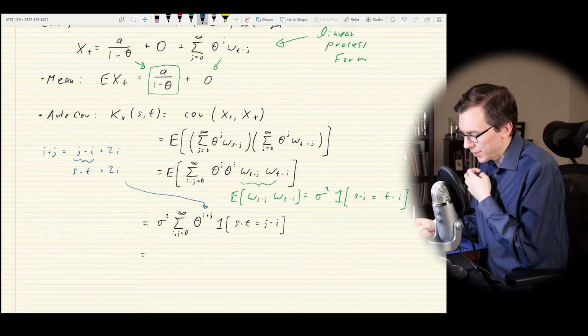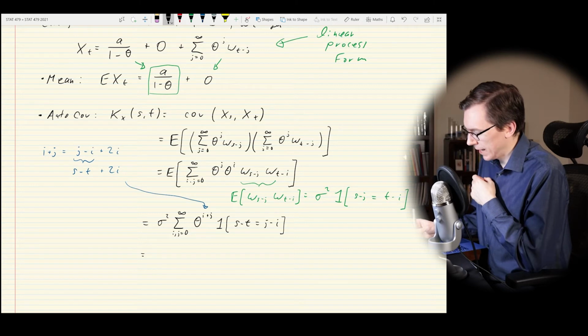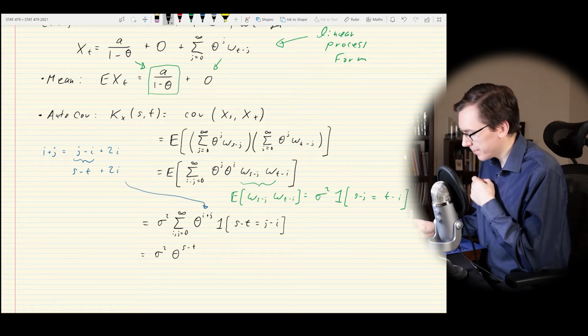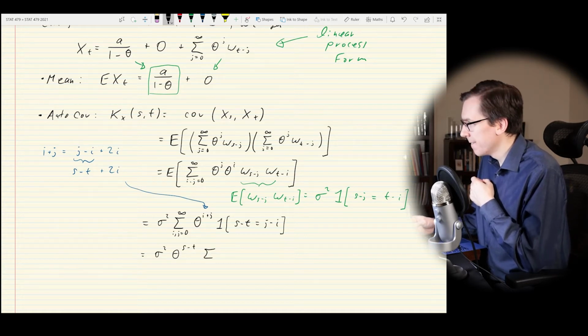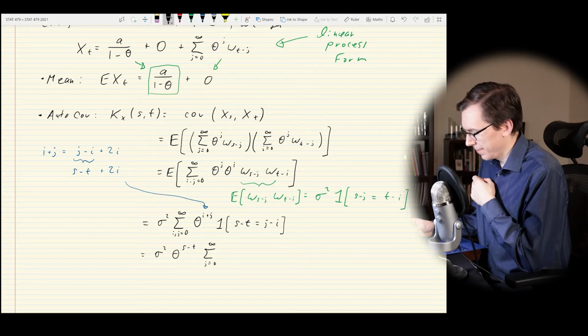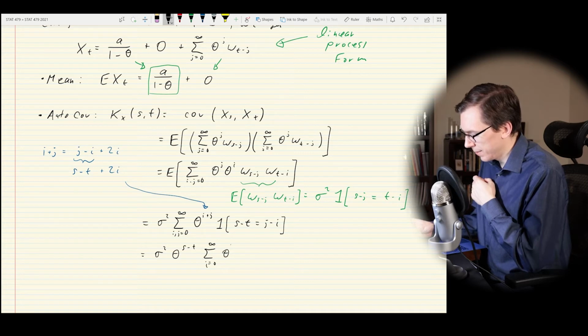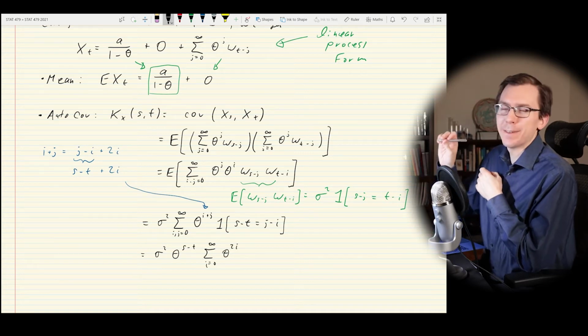So when I put this all together, I end up with a theta to the s minus t and a sum of i from 0 to infinity of theta to the 2i-th power.